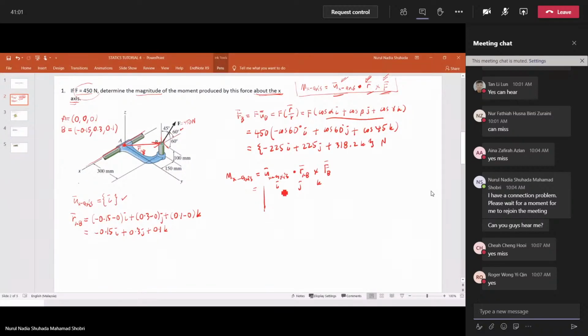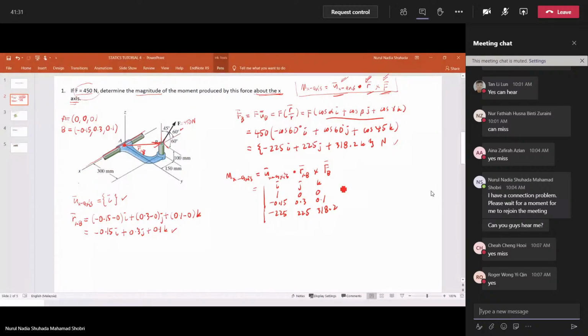The second row should be the r vector along the AB point, so we take from here: 0.15, negative 0.15, 0.3, 0.1. And then the third row would be this part: negative 225, 225, then 3, 1.2.